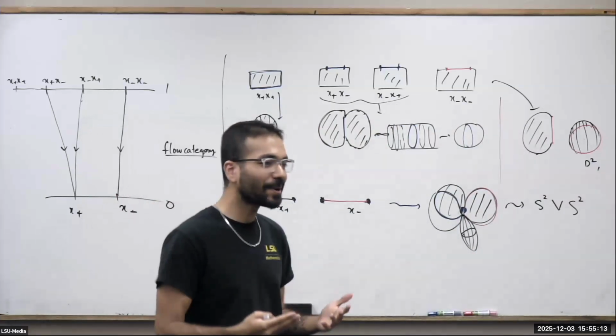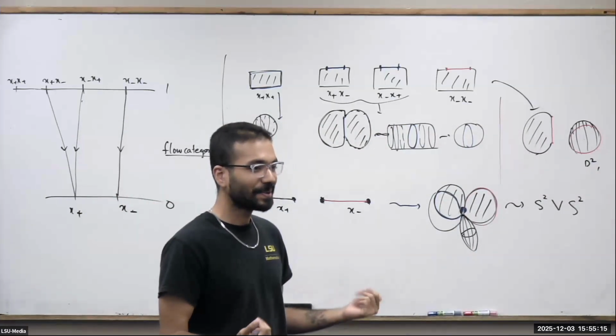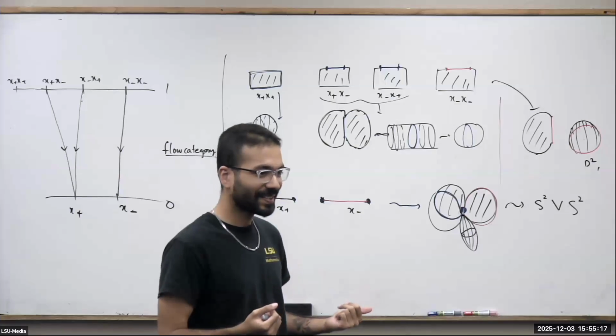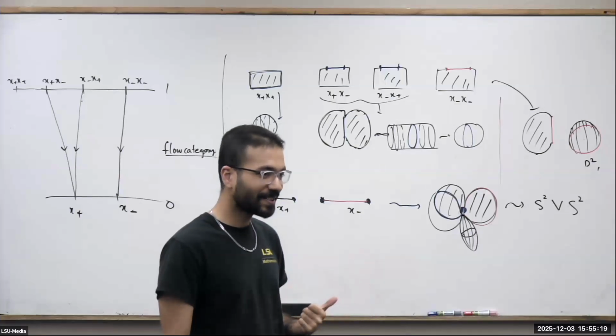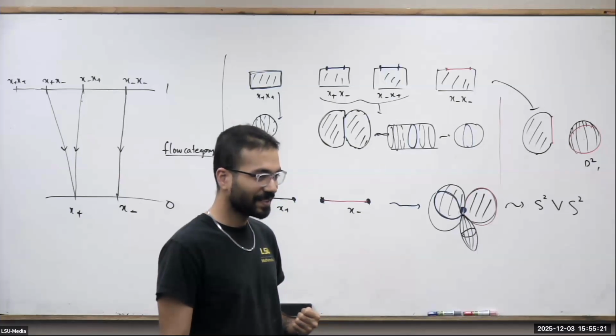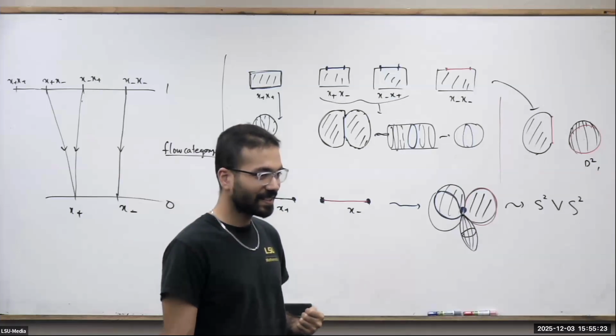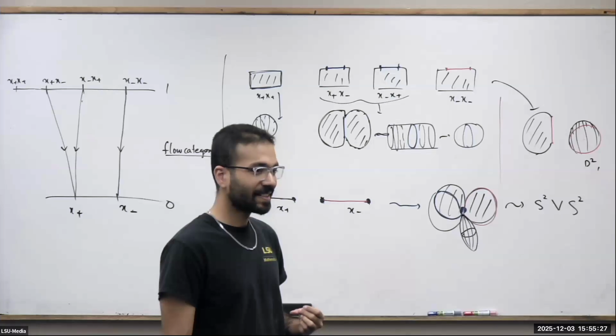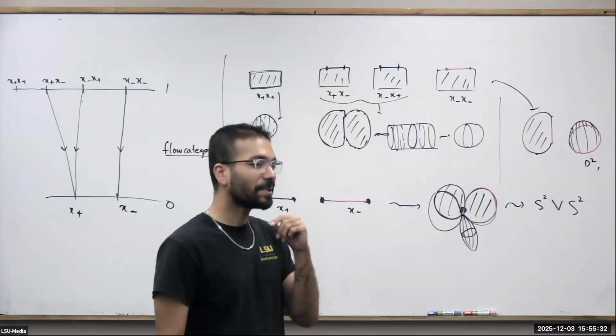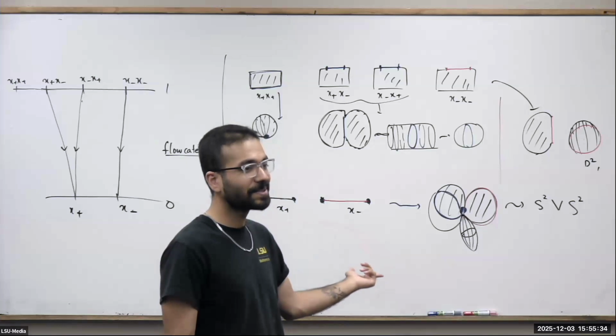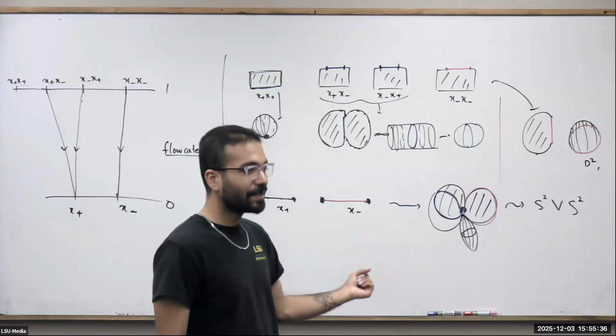Now, what is the reduced homology of a two-sphere? That's for RP2. S2 is very simple. S2 is even simpler than that. You're right.